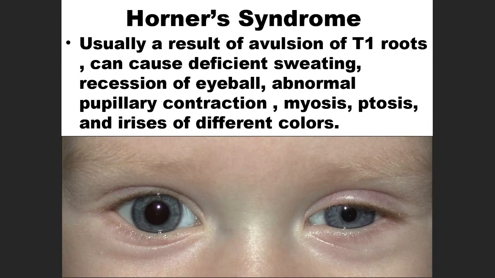You can see this is the black pupil, and here it is big. There is pupillary contraction, the miosis. Ptosis, the half of the eyelid is closed. And the iris will slowly change into a different color. So this is called Horner's syndrome.